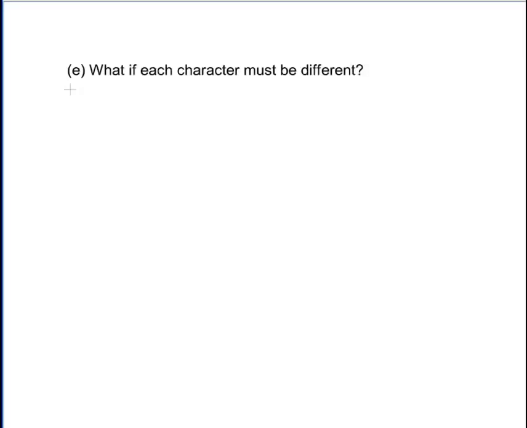Now I better keep going and go into the last question here. What if each character must be different? We've never seen this constraint before. This means if a character has been used already, it can't be used again. So let's say we're assigning our characters from left to right. To start off with, we have 8 possible options. There's no constraints yet. We haven't used any of the characters yet, so we have all 8 available to us. But now we've used one, so we're going on to position 2, and we've only got 7 left.